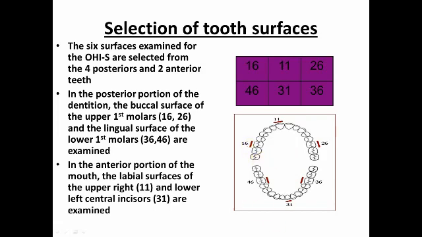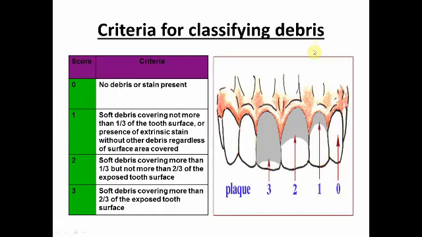We use only these teeth to measure this index, and when we measure debris, we depend on the size of the teeth covered by the debris. If there is no debris, 0. Small area 1, larger area 2, and if it covers most of the teeth, for plaque it is 3.